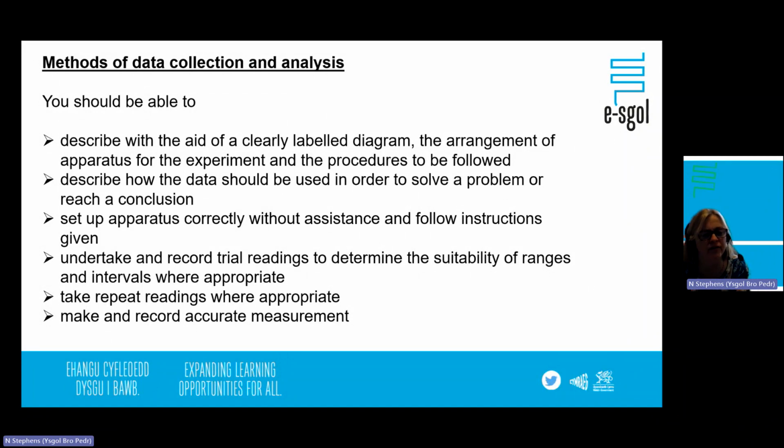But if there are any of those bullet points that you aren't 100% confident with, then either access Experiments on Film, which I previously mentioned, or have a chat with your own teachers within your schools or colleges, and make sure that you are fully confident, because any of these skills could be questioned and assessed in the Unit 5 assessment that you will face in May.